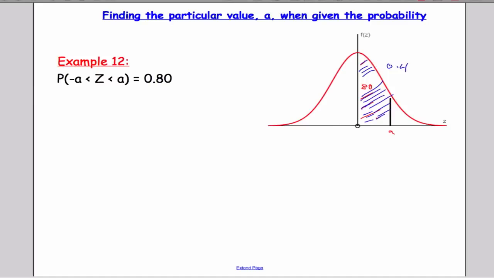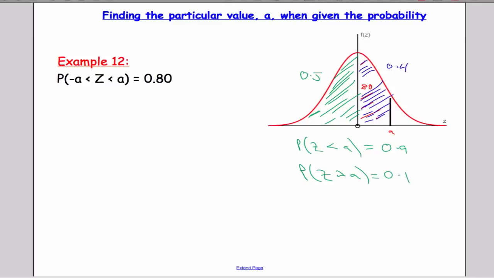I can eliminate that, and I know that this area here to the right is 0.5, so the green area is 0.5. I can add the green area to the blue area, which tells me that the total area to the left of a, that z is less than a, is going to be 0.9. So that's 0.9, which means that the probability that z is greater than a equals 0.1.